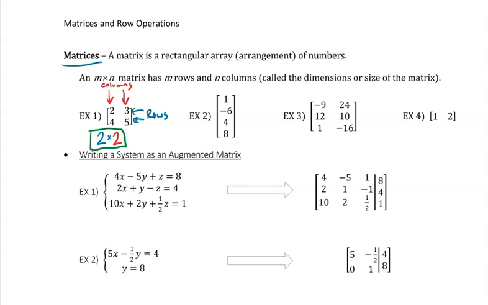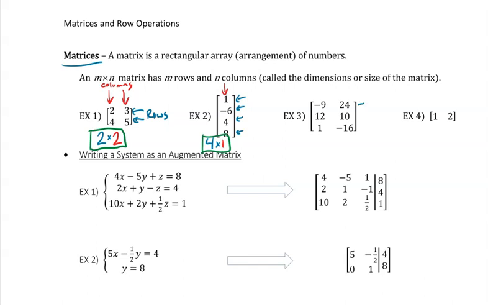For example 2, this one has 1, 2, 3, 4 rows, and in this case it just has 1 column. So we would call that a 4 by 1 matrix.